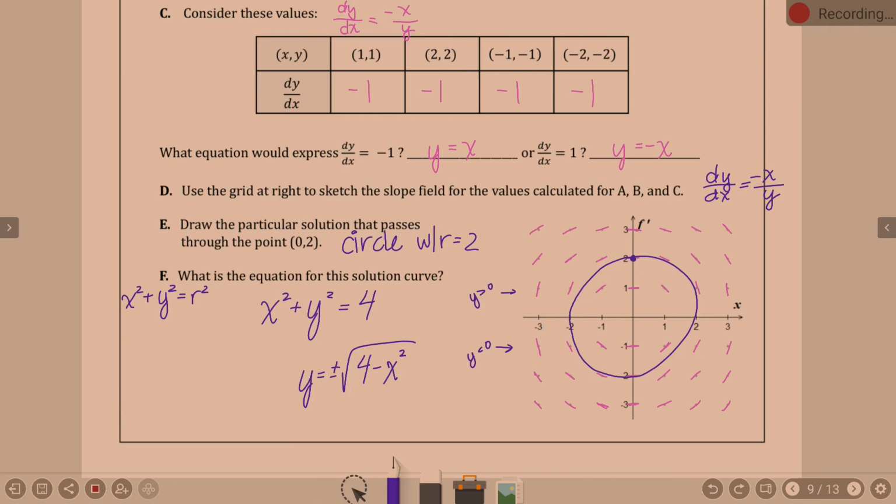What I have written in my notes is: if y is greater than 0, dy/dx decreases. If y is less than 0, then dy/dx increases. And this is as you move from left to right.